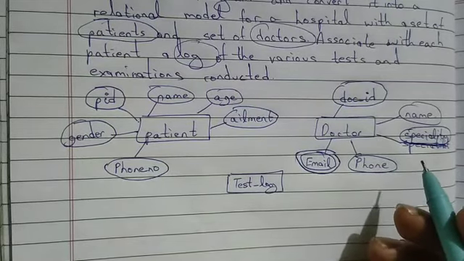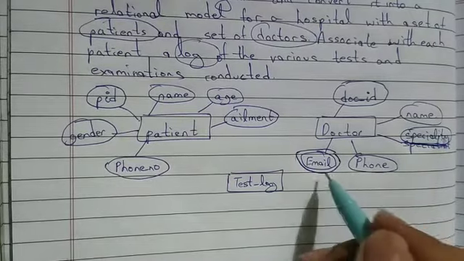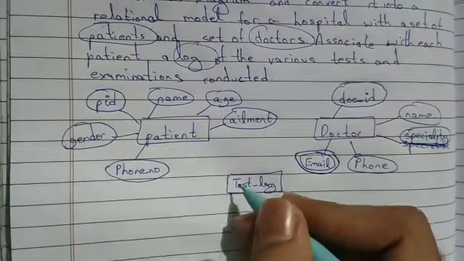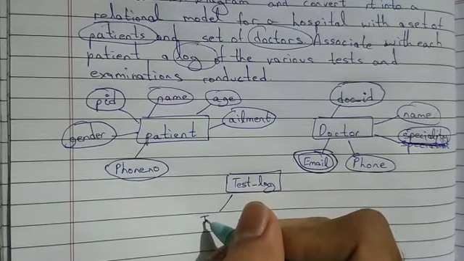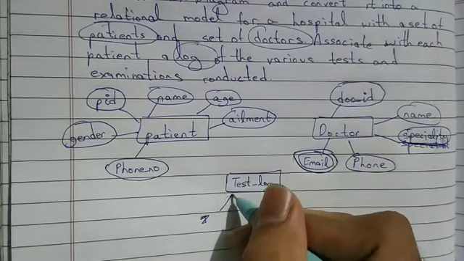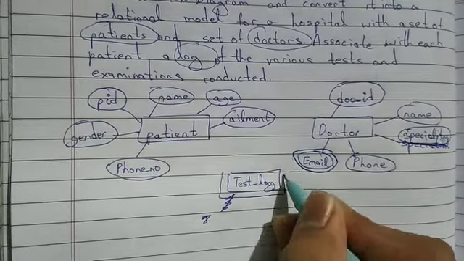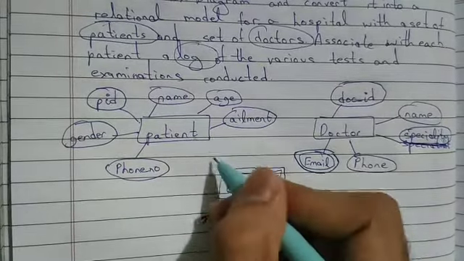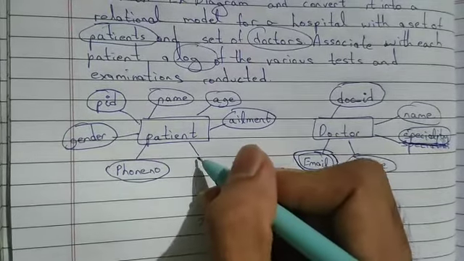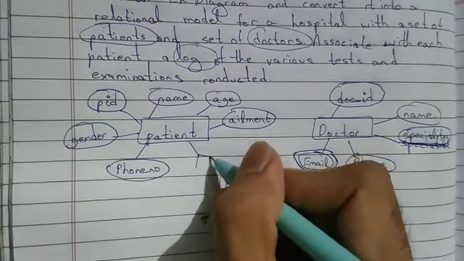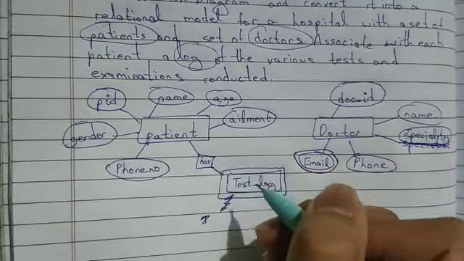Okay, so now let's move on to our test log. Okay, this much is enough for the doctor. The test log will have its own, well, a test log can only exist if the patient is there, no? So we can make this a weak entity that is dependent on our patient. So patient has test log.